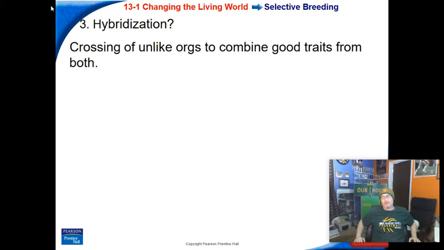It's a mountain bike with the shock in the front and the heavier suspension and the funky handlebars that go kind of out. But I put street tires on it, so I'd have less friction when riding on the streets. So the two parents are a mountain bike and a street bike. Combining the wanted traits of each is hybridization.